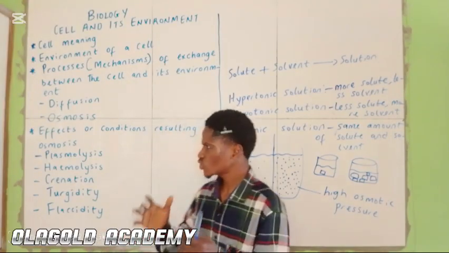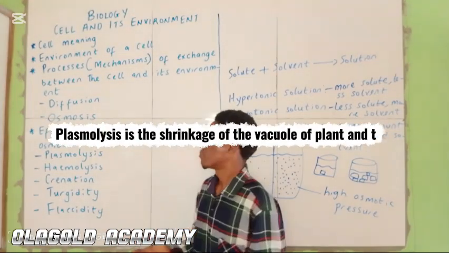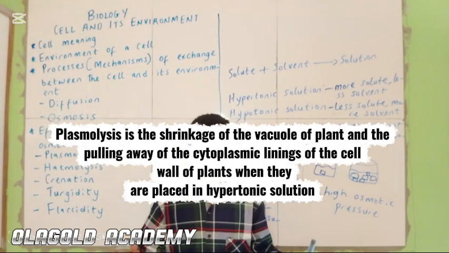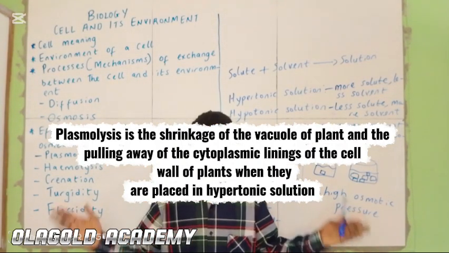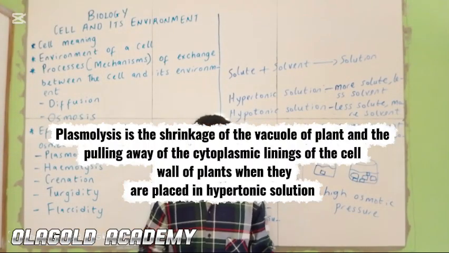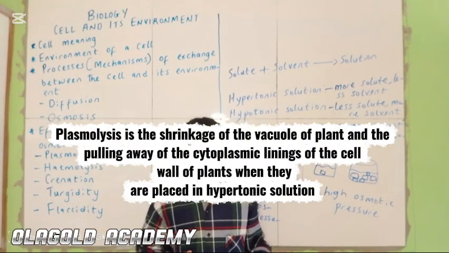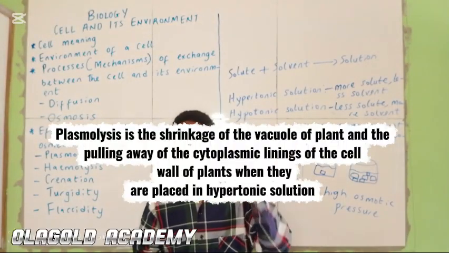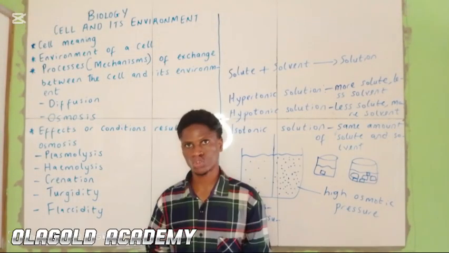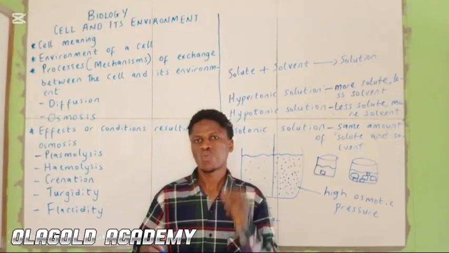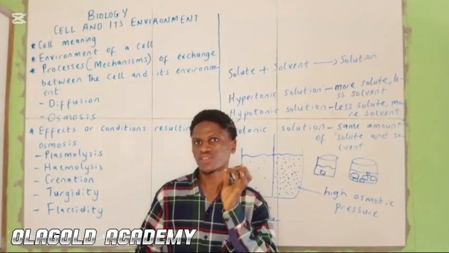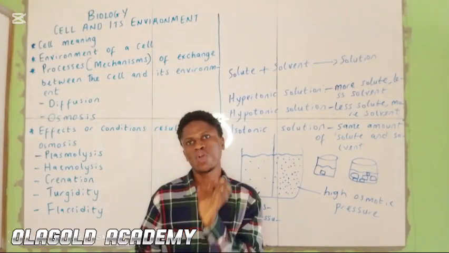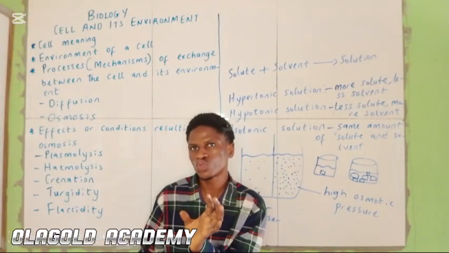So we can say that plasmolysis is the shrinkage of the vacuole of plants and the pulling away of the cytoplasmic linings from the cell wall of plants when they are placed in a hypertonic solution. When you place a plant cell in a hypertonic solution, the vacuole containing the water molecules shrinks.